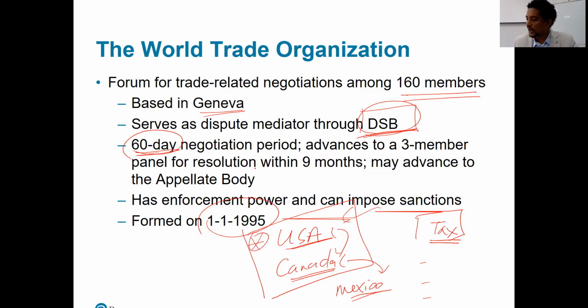Just like, for example, the US and China had this trade war. This trade war will be solved or negotiated by the WTO, because China and the US are members of the WTO. And in the WTO there are different hierarchies.